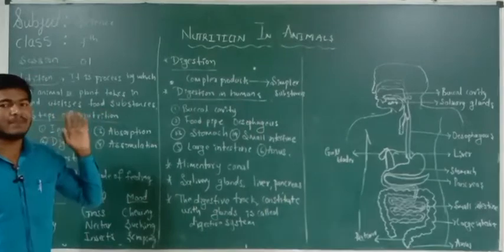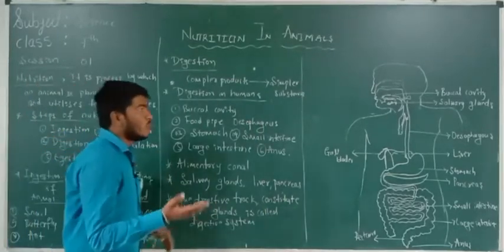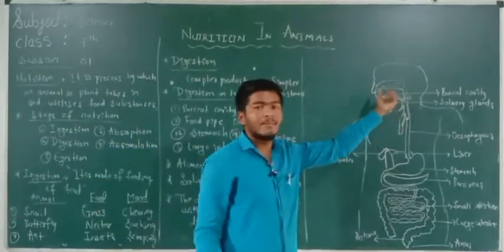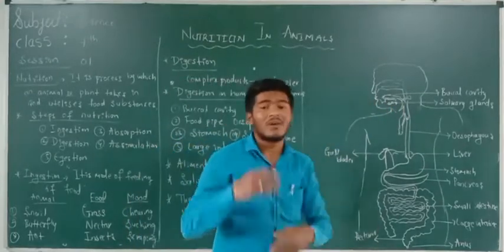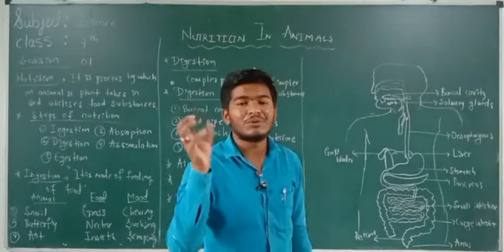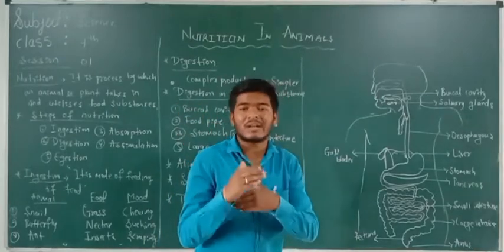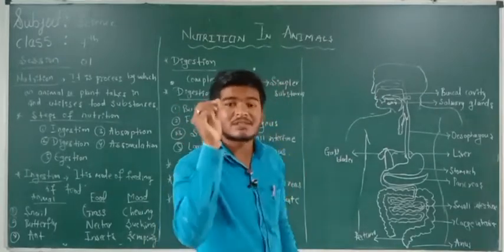Once again, I am repeating what happens in the buccal cavity. The buccal cavity has a number of teeth. These teeth are helpful for grinding and cutting the food particles into small pieces.